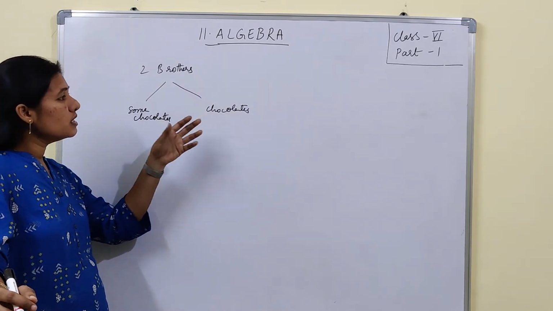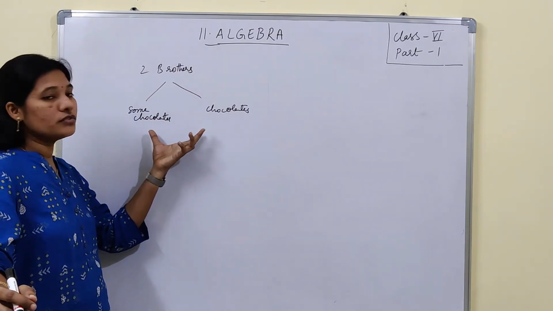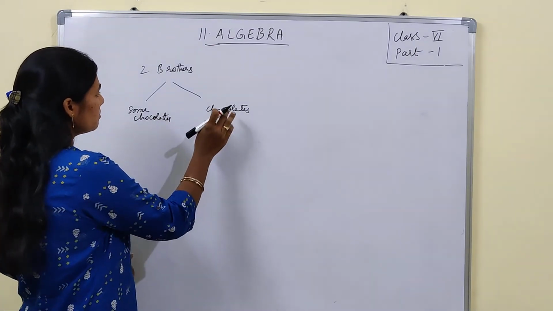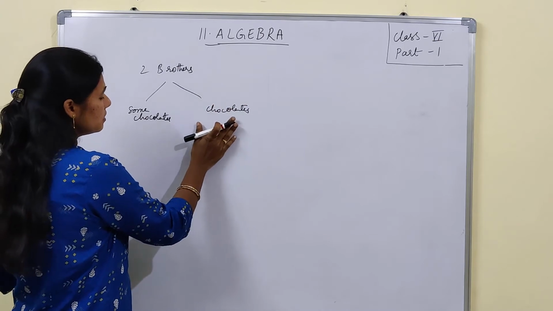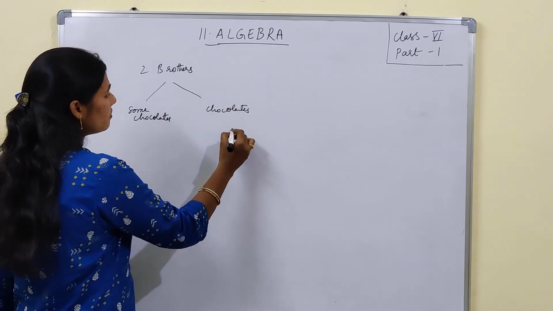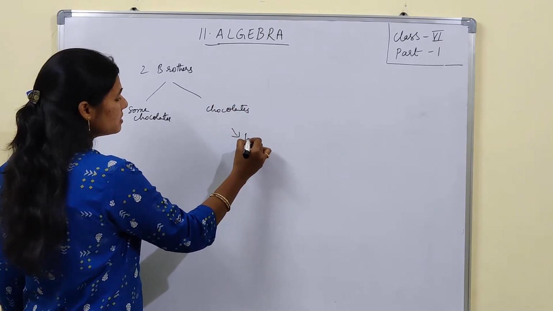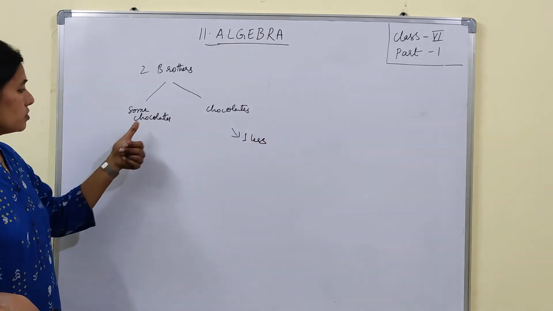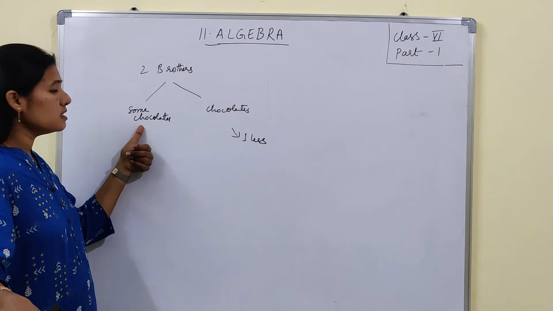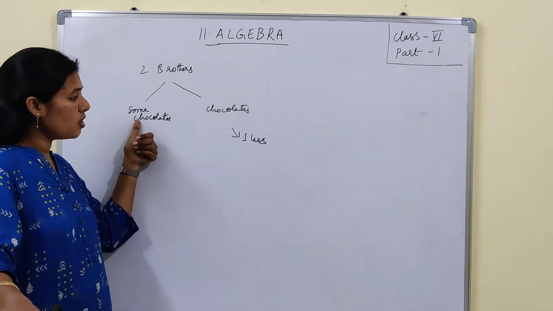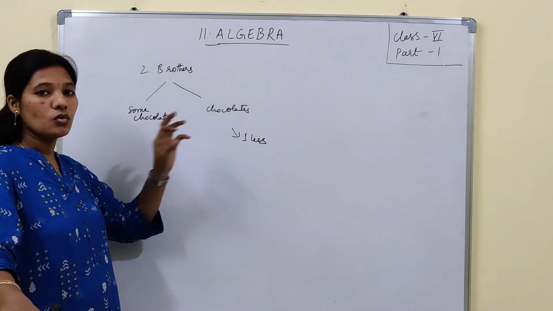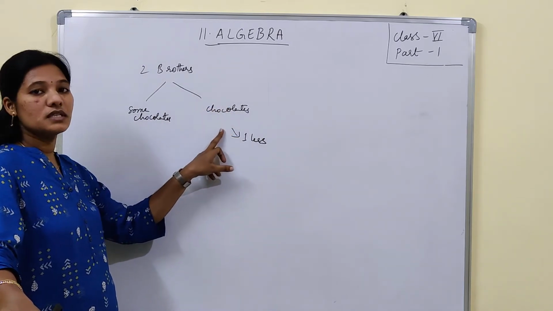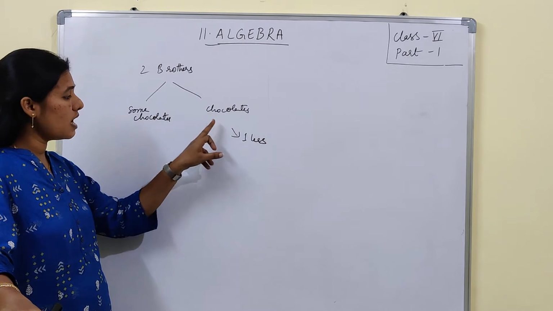Here you don't know the number of chocolates, but you all know that the younger brother, the brother who is small, has one chocolate less compared to the first one. So the first brother has one chocolate more, and this person has one less.